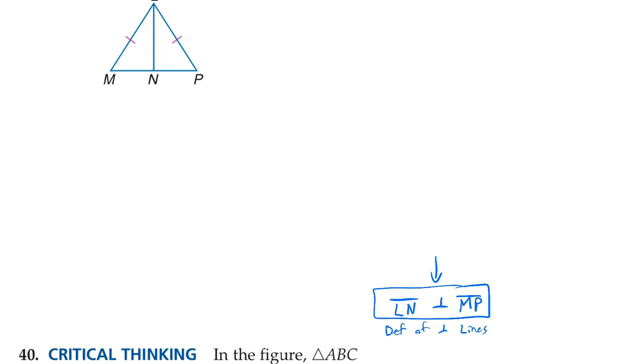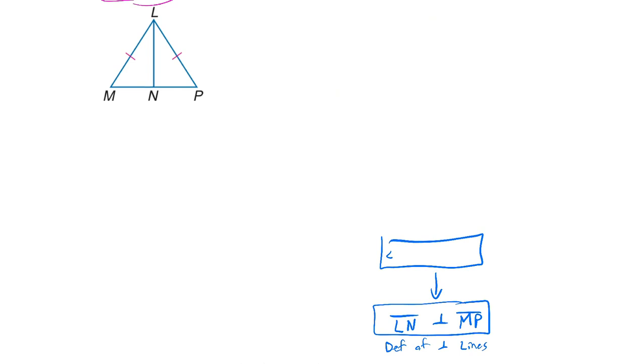Well, all we need is one angle, like angle MNL is right, or 90. So we don't know yet. I'm just going to throw that in there. So either of these two angles, if they're 90 or right angles, then by the definition of perpendicular lines, we could say they're perpendicular.